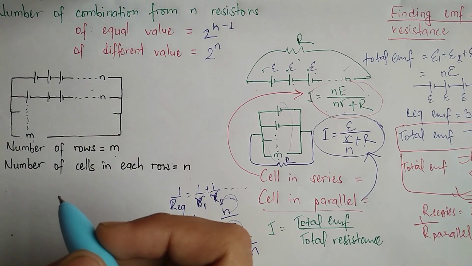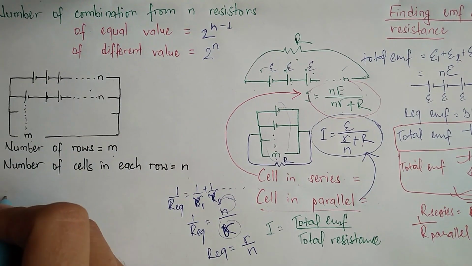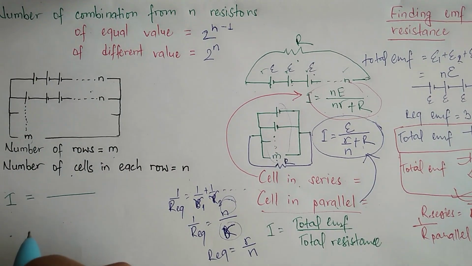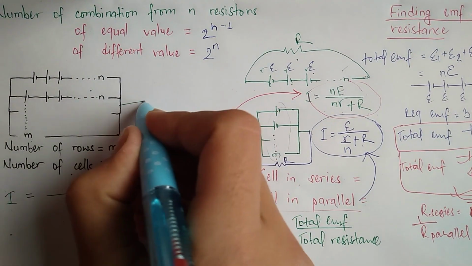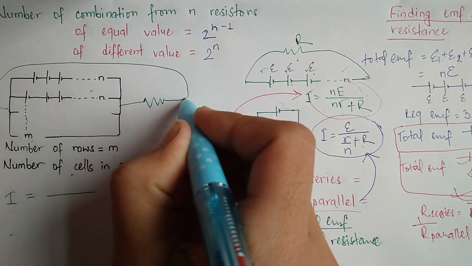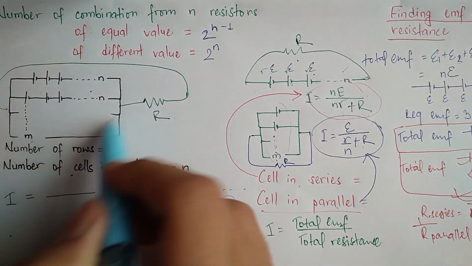So now, to find the required current, I equals total EMF by total resistance. Well, I had forgotten one thing. I think here there will be external resistance too. External resistance will be in series with this combination.